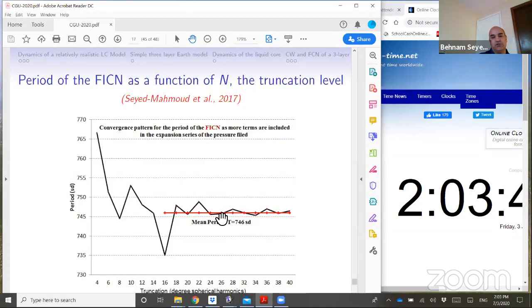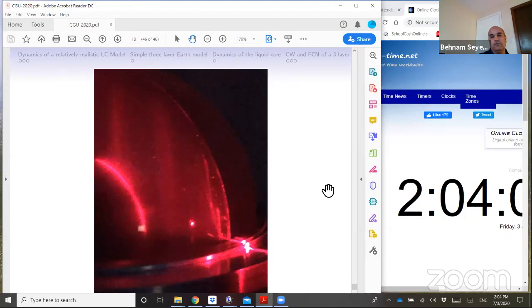You can see that I showed this before. I'm showing it again. If you calculate the free inner core nutation, the convergence is very slow, or it doesn't converge. I mean, we don't know if it converges or not. All we know is that it gets very close to the average.